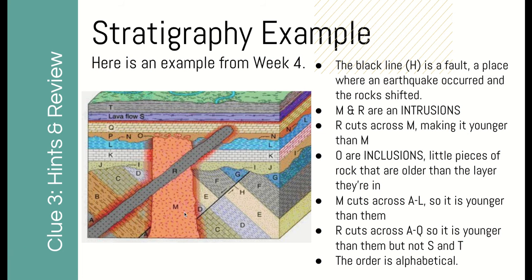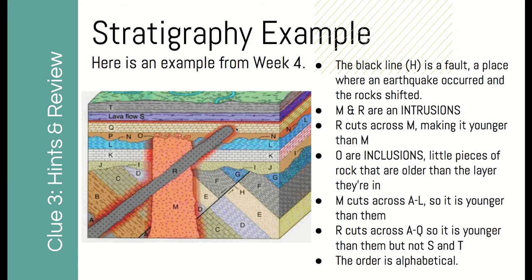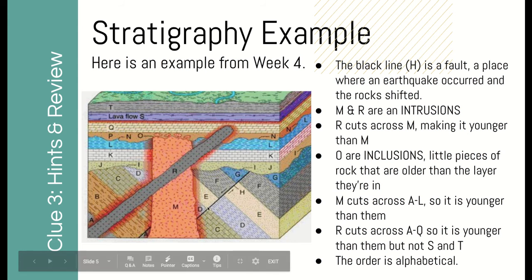You can also tell that layer M is going to be younger than all of these layers, so A through L, because it cuts through all of them. And then layer R actually cuts across layer M. So R is actually younger than M, and it cuts all the way into layer Q. So the order goes A, B, C, D, E, F, then G, that fault that shifted all of the rocks.